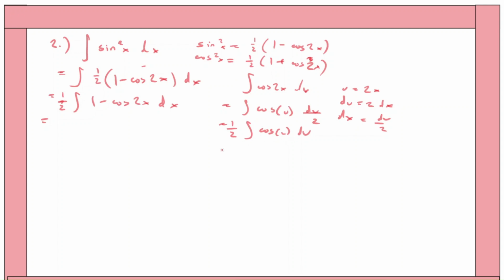We know the integral of cosine is going to be sine, so this is 1/2 times the sine of u plus c. And then our u is going to be 2x, so this turns into 1/2 times the sine of 2x plus c.